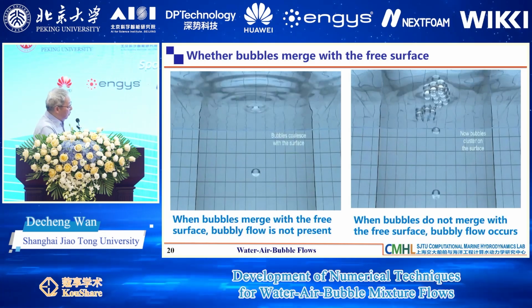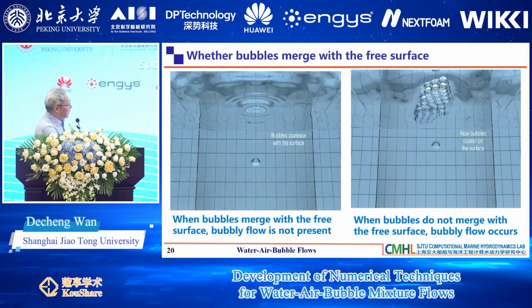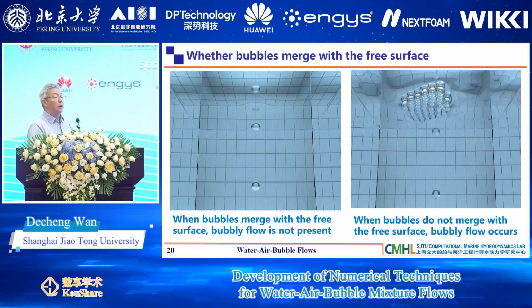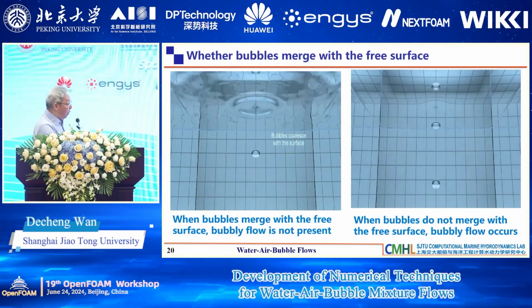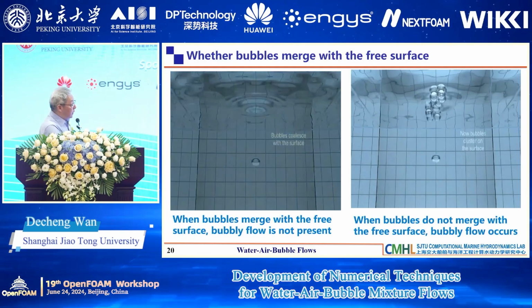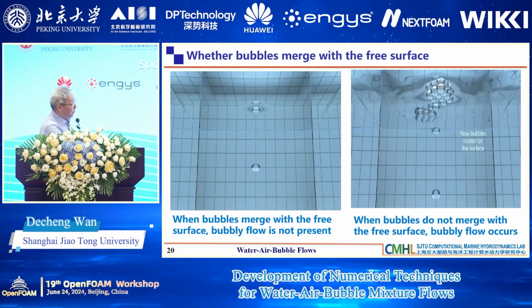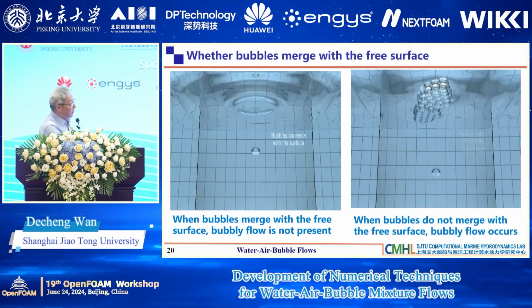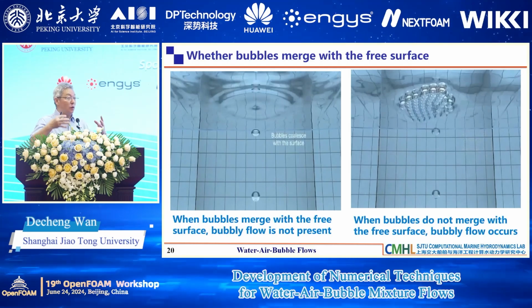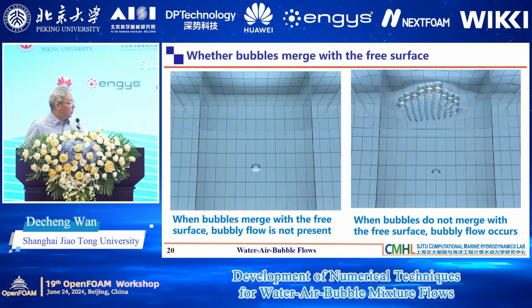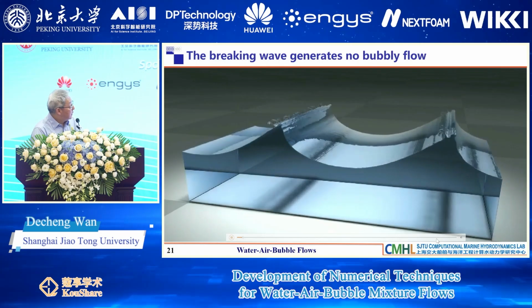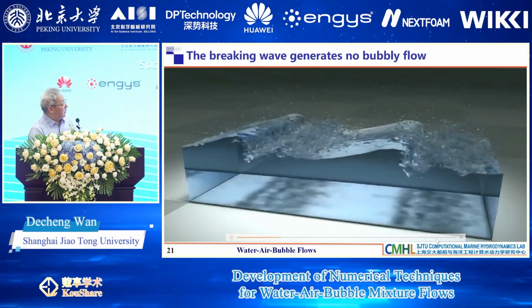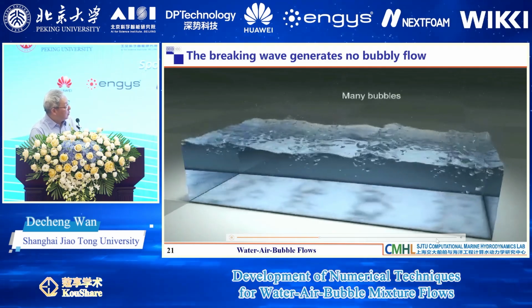So here I show you one example again. If the bubble rises to the free surface, then it disappears. Then you can see that there's no mixture flow, right? But if the bubbles increase and do not disappear, they always stay in the free surface, then you can see a lot of bubble flow, right? There's the mixture with water. So you can see there are different cases. Also here there's no bubble.